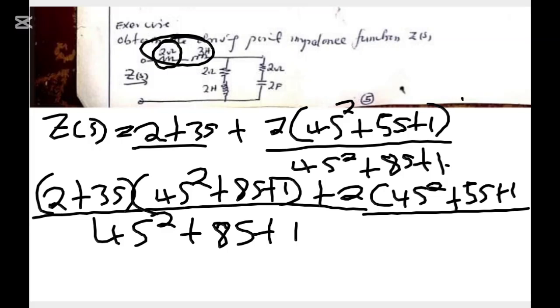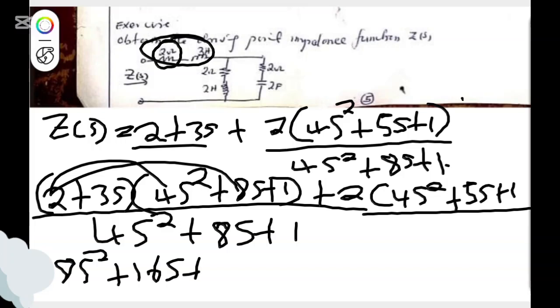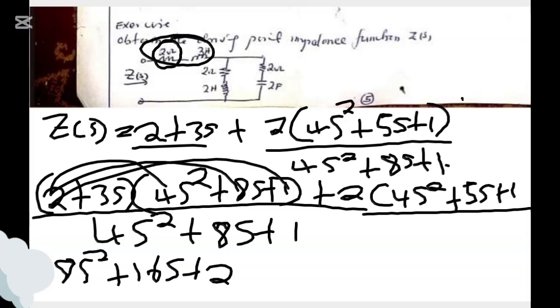So what will be the next thing that I'm going to do? I have to first solve this. So if I say this multiplied by this, I'll get 8s squared. This multiplied by this, I'll get plus 8 times 2, it will give me 16s. Again, multiplied by this, I'll have plus 2.